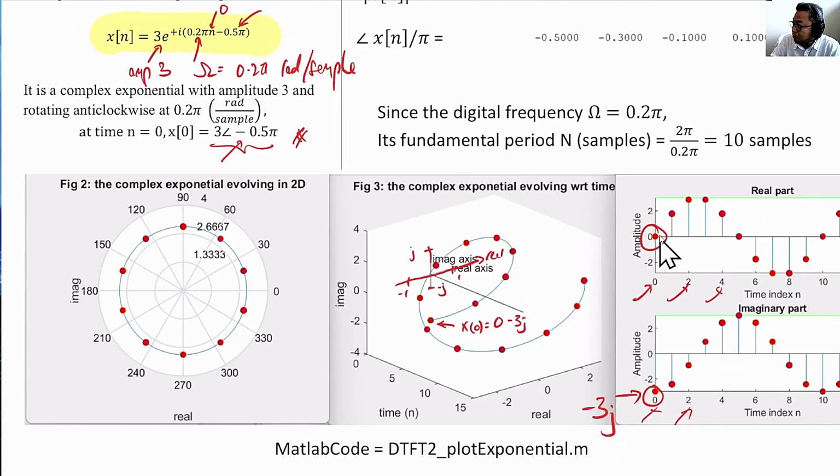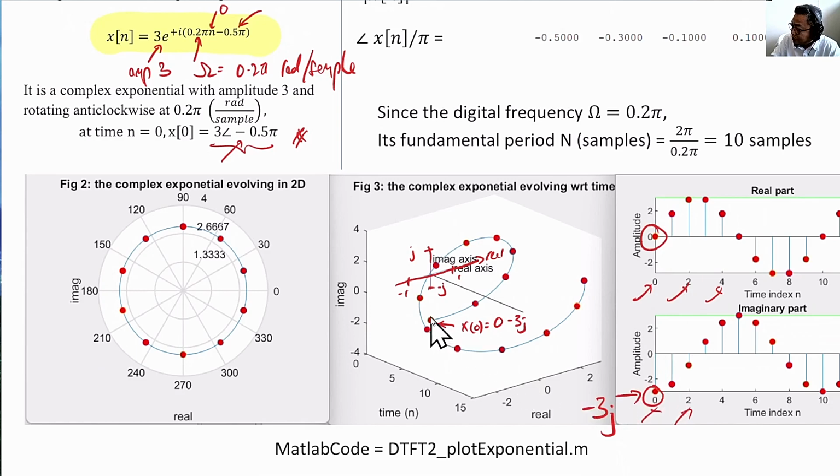Because the omega is 0.2 pi radian per sample, at every sample that we advance, it moves by 0.2 pi here as well as here. As time progresses positively, the cosine will start to rise and the sine will rise from the negative 3j upwards.